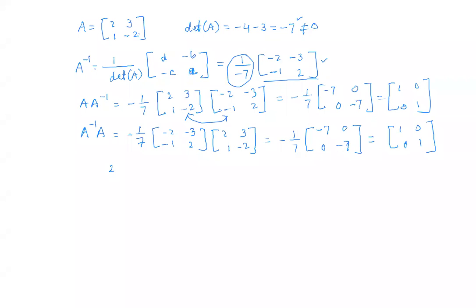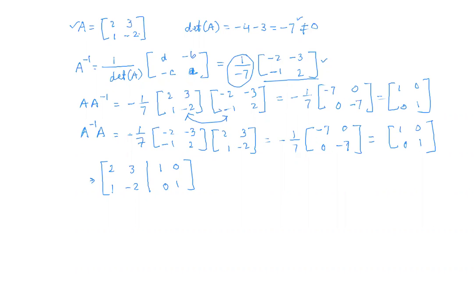So let's say you want to find the inverse of this. I'm not going to show it to you, but I'm going to just give it to you. So let's say this is the matrix A, right? You want to find the inverse of it. So what do you want to do? Let's say you put a vertical line here and you put the identity matrix 1, 0, 0, 1. Now you do the row operations.